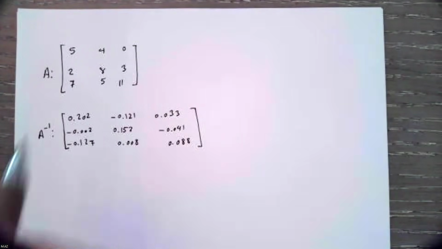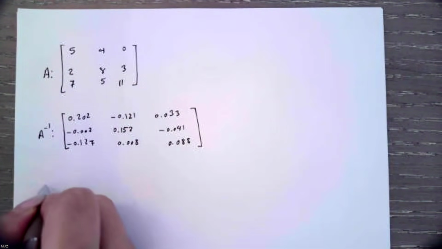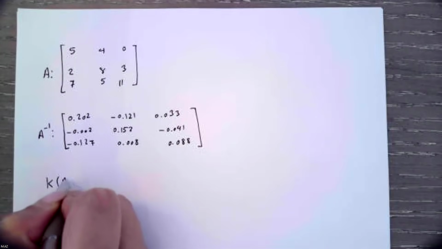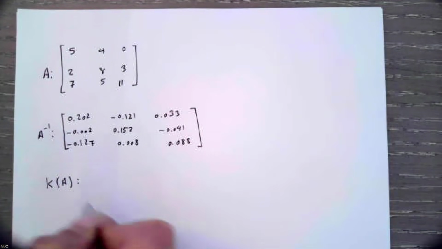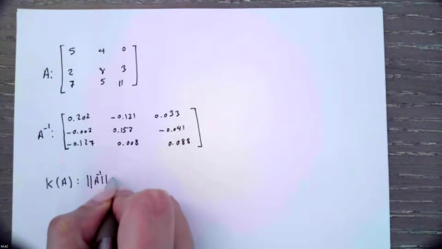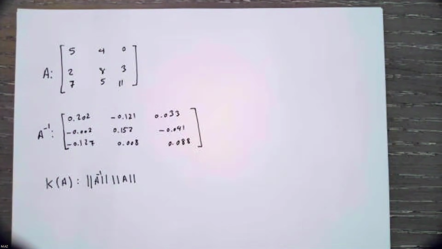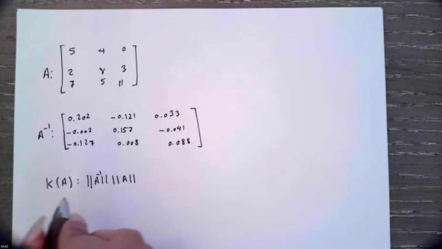Okay, this is matrix A and this is the inverse of the matrix A. The conditioning number is found by this equation. We have matrix norm of inverse times norm of matrix A. For example, for these problems, we have to find the infinity conditioning number for this matrix.